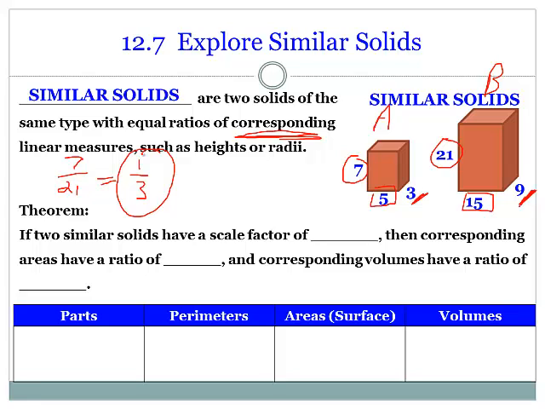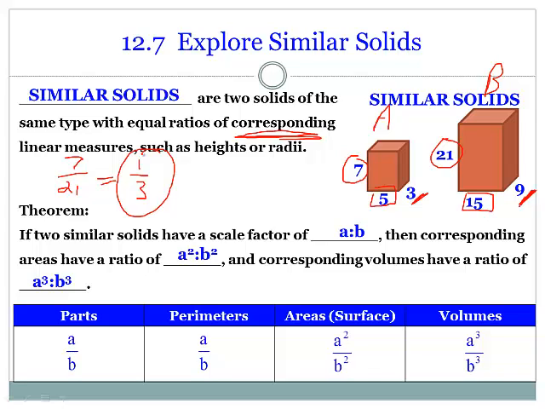If two similar solids have a scale factor of A to B, then corresponding areas have the ratio A squared to B squared, and corresponding volumes have the ratio A cubed to B cubed. We talked about this back in chapter 11 with areas of figures: when we have similar figures, we had to square the area.